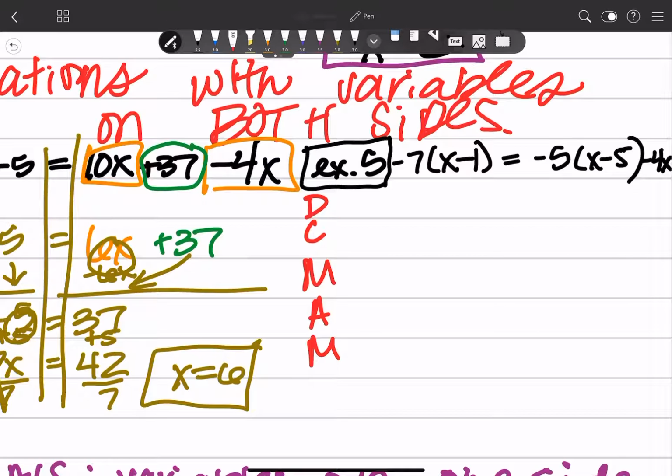We got this. So negative 7 times x is negative 7x. Negative 7 times negative 1 is going to get you a positive 7. And you'll notice I'm going to be shifting over my equal sign just so we have a little bit more room to work with.